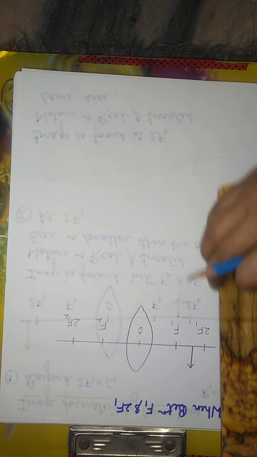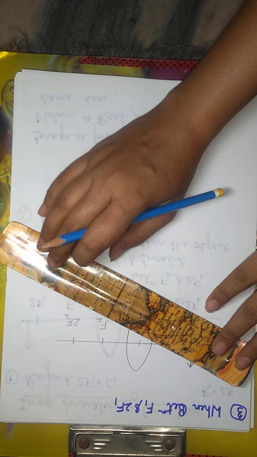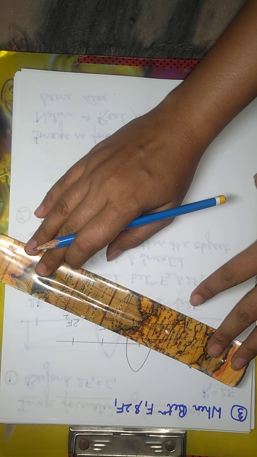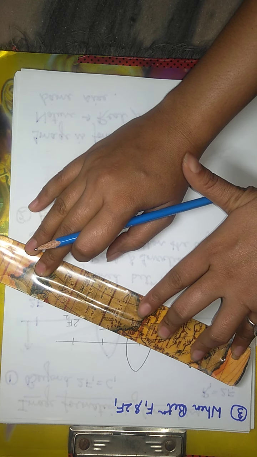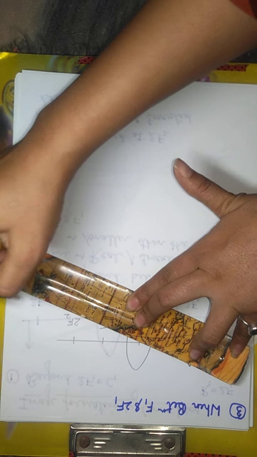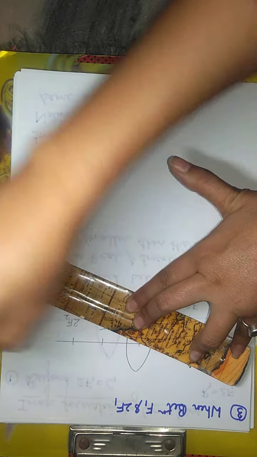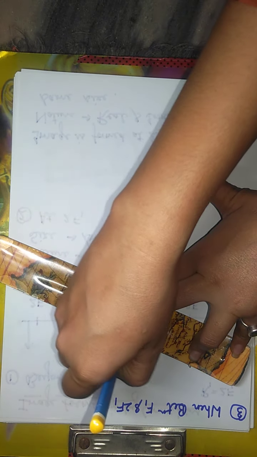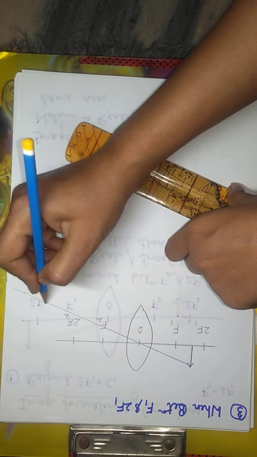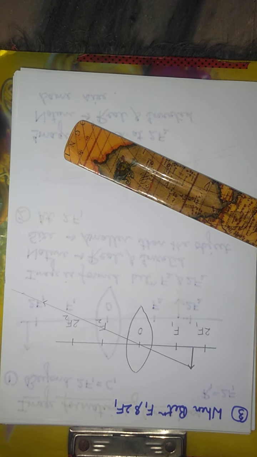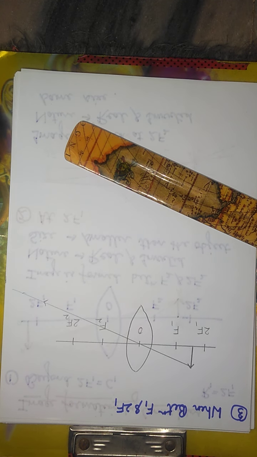Now we have to apply the same rules. What does the first rule say? We'll first draw the ray passing through the optical center. The ray which passes through the optical center will pass through without any deviation. So this ray passes like that.